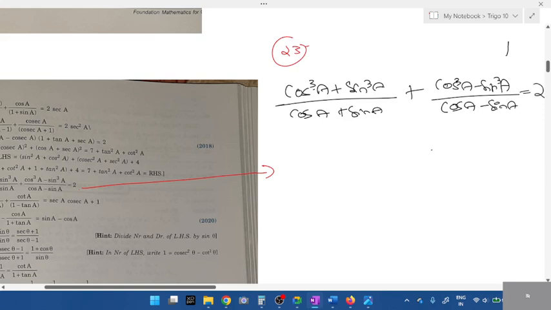So you should get two, students, right? And how do you get two? If both get cancelled, you get one, and here you get one. One plus one, two, right? Yes.